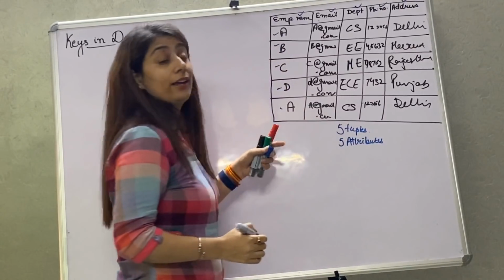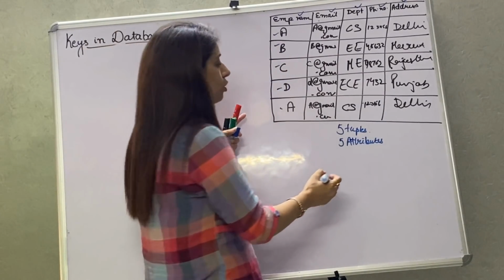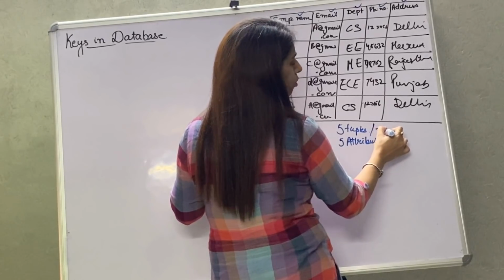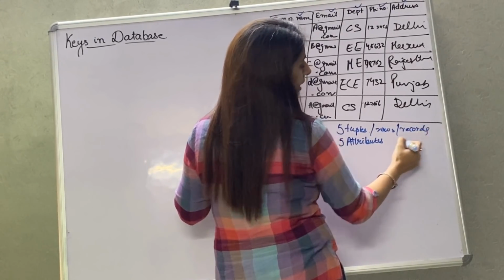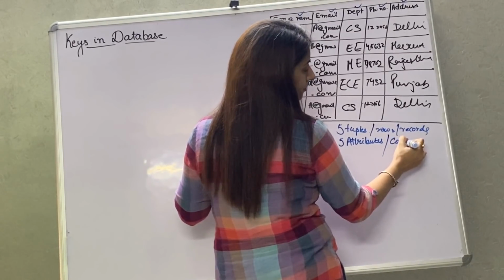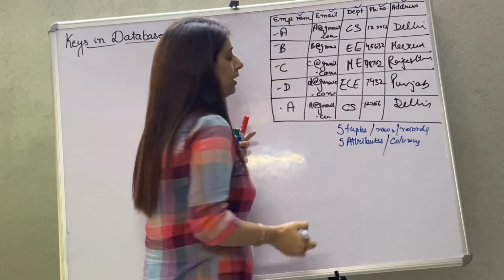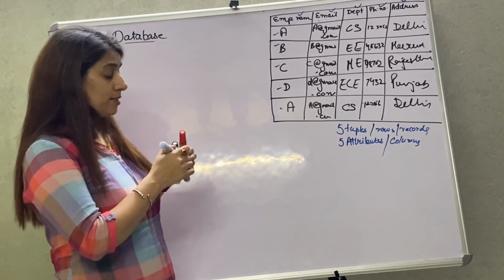Clear? Tuples are rows, or you can say records, and here also you can say columns. Clear? So this is the database.